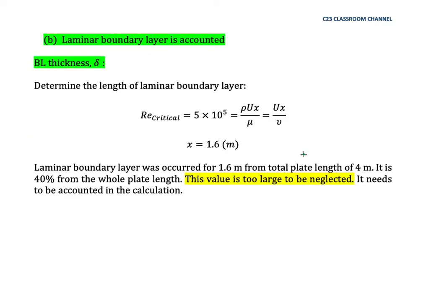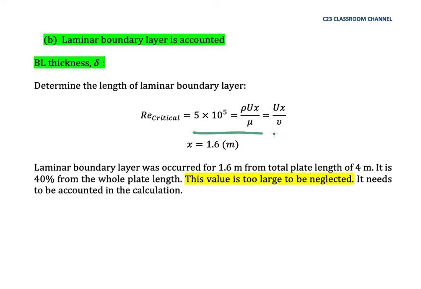And then we focus on part B. First, we need to determine whether the laminar boundary layer needs to be counted or not. Because we assume that the critical Reynolds number is 5 times 10 to the power of 5, we calculate the distance of the laminar boundary layer.